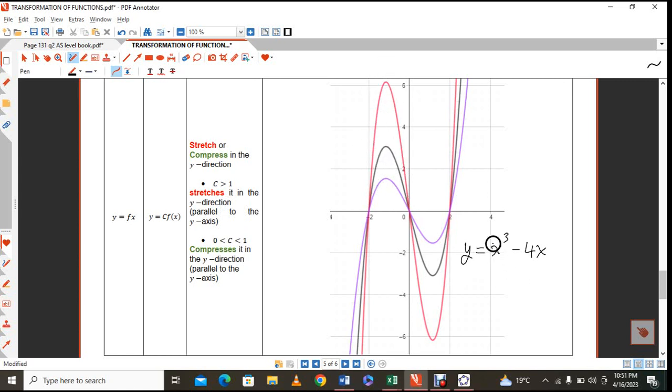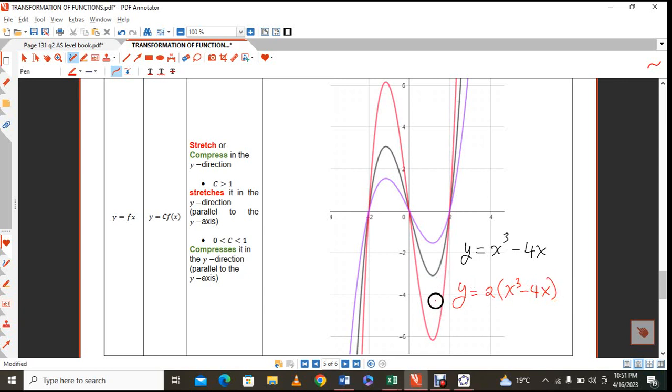The one in red is y equals 2, because it's been stretched, so that will be a 2 in front of the whole function: 2 times x cubed minus 4x.